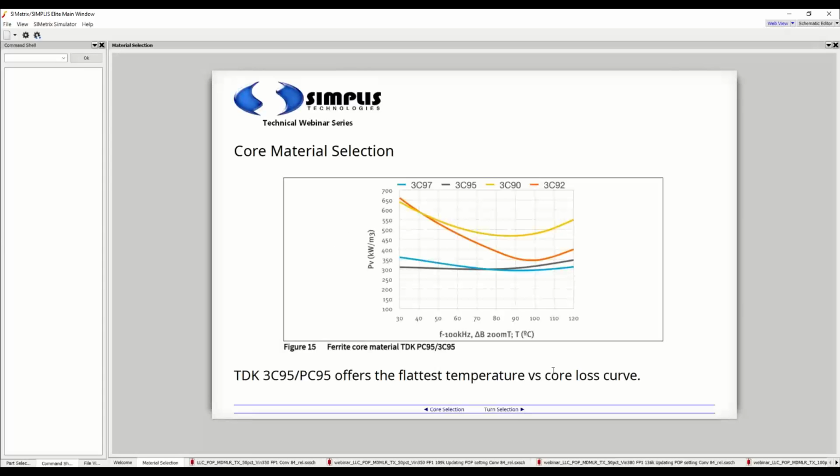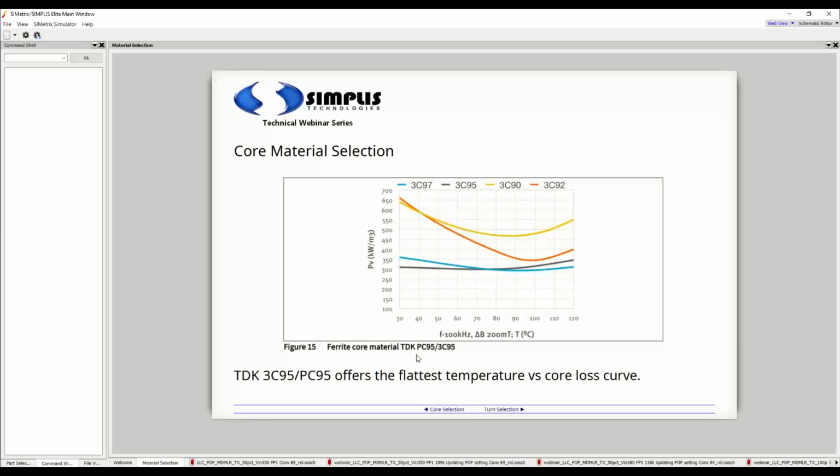The next section is how to pick the material, because that PQ3535 core comes in a variety of ferrites. Ferrites have this parabolic relationship between temperature and losses. So, for example, at low load, where the transformer is not very hot, you could actually get higher core losses, and this can hurt your low load efficiency.